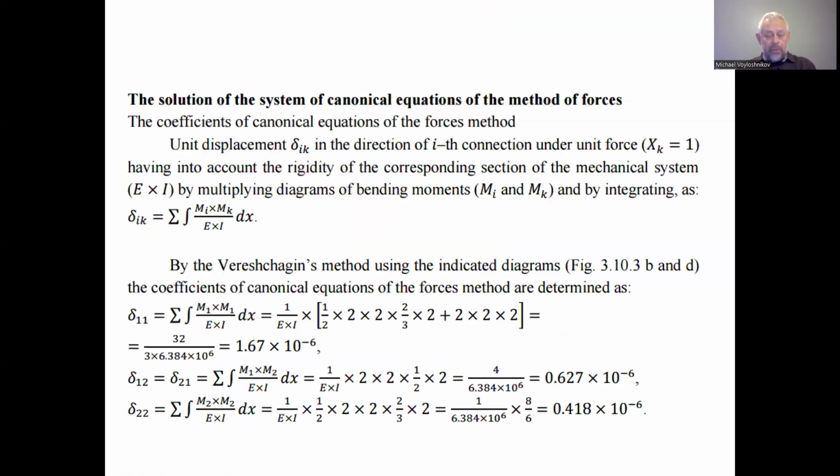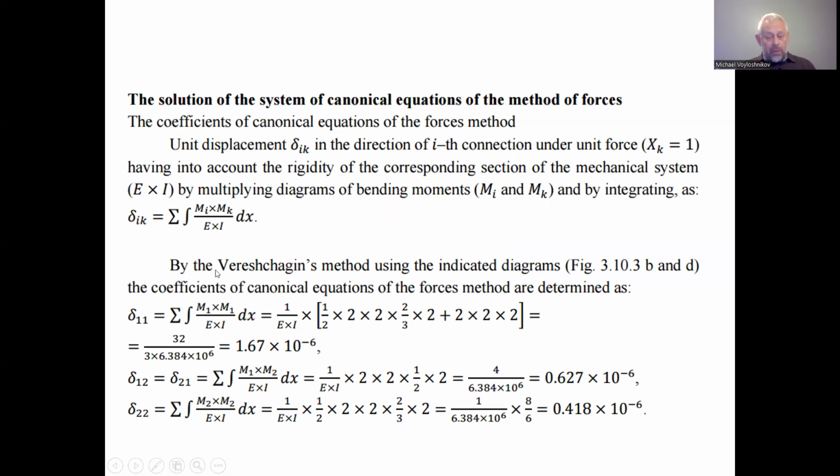Next, we have to find the displacements using the Mohr integral. Here we have the unit displacement. Unit displacement means the displacement in the direction i under the action of the unit force in the direction k.